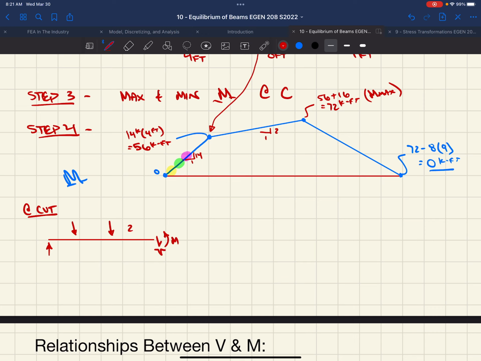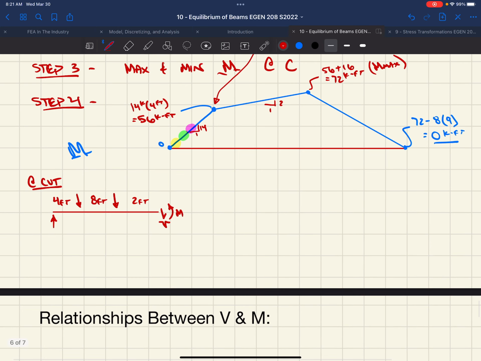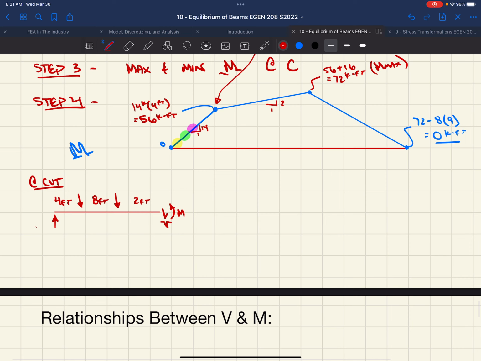At the cut, this is 2 feet, right? This is 8 feet, and this is 4 feet. That would be our free body diagram if we decided to cut this member at that point. If we cut that member at this point, we also know that AY was 14 kips, right? We did an overall free body diagram. We figured out a reaction at A. We decided it was 14 kips.